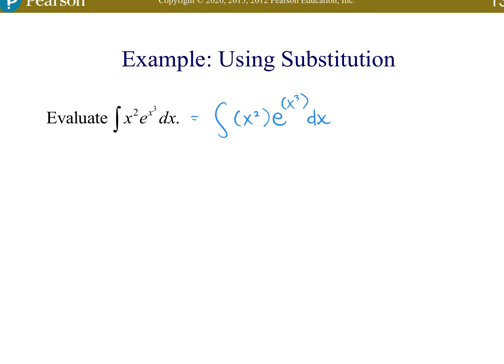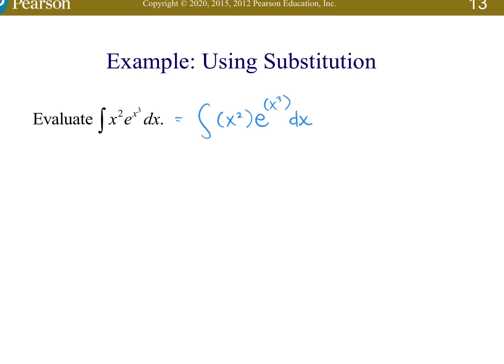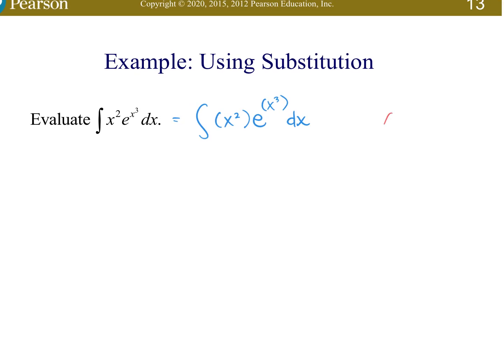We're only going to choose the x cubed part. So we will be choosing x cubed as our u. So 3x squared will be our du dx. So dx turns out to be 1 over 3x squared du. So we're choosing this higher power option.